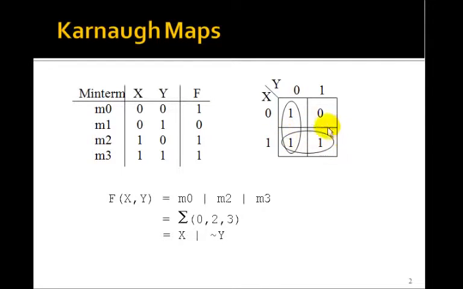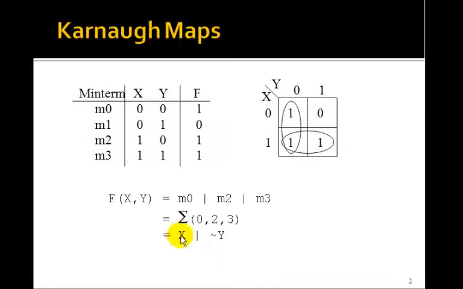Well, see this circle here, notice it covers both this 0 and a 1. If we move this circle up to here, it would circle both the 0 and 1 of the y. Anytime a circle circles the 0 and a 1, the corresponding variable goes away. In this case, y goes away, and we're left with just whatever we have over here. Because it's a 1, we're just left with x.